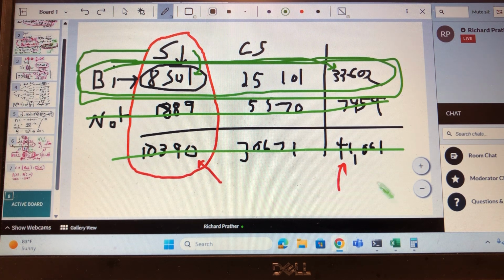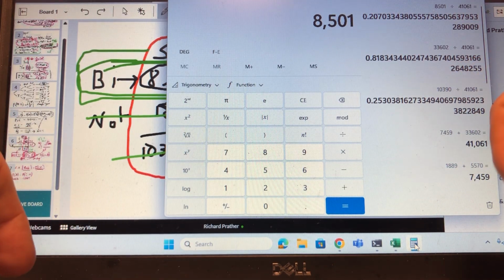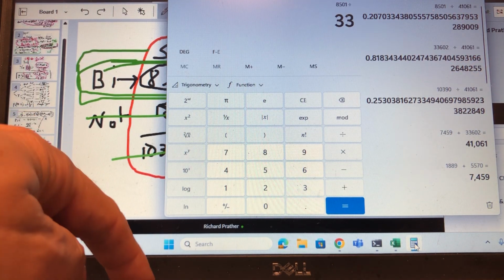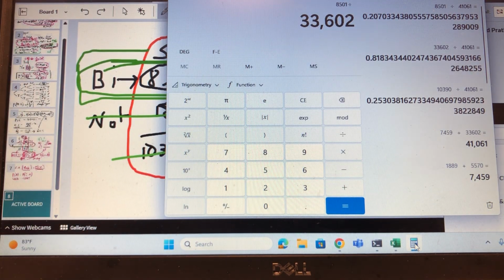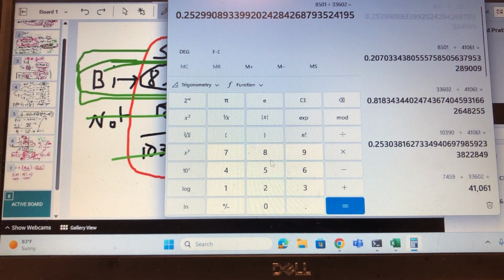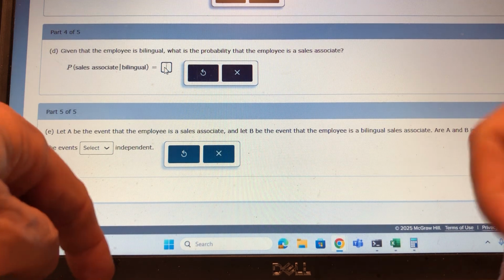It's the one time you don't divide by the grand total. 8501 divided by the 33,000 number, which is, I still have it right there, 33,602. 2529, but there's a 9 after that. So add 1 to the 9, but think about this 9 is a 29. Add 1 to 29 and it turns into a 30. So it's 2530.